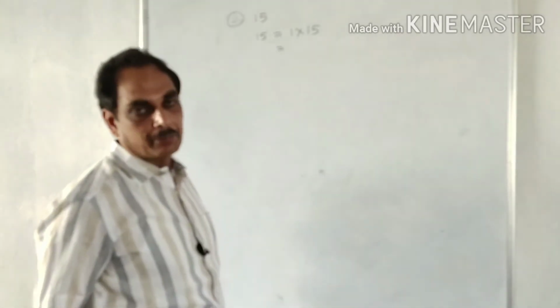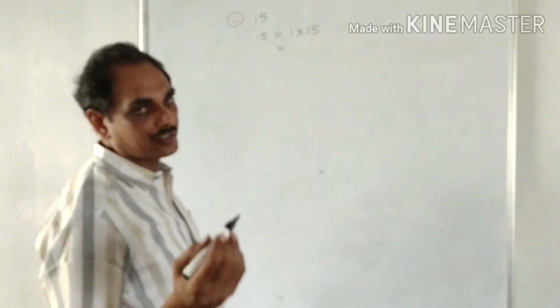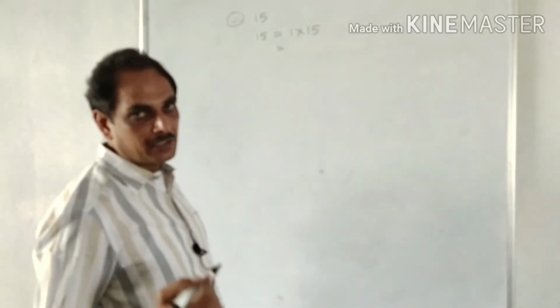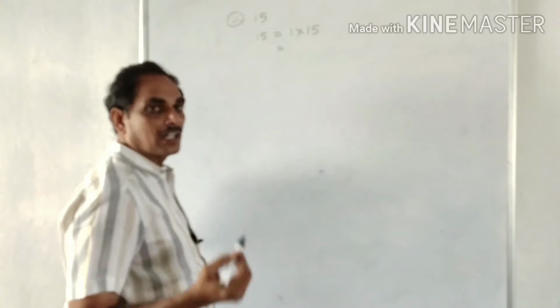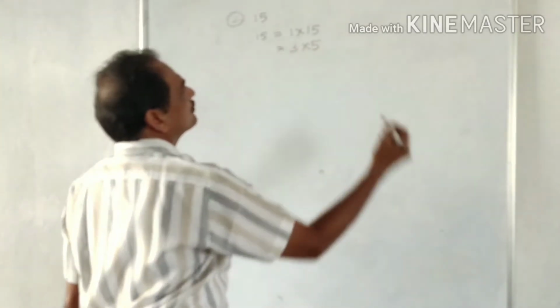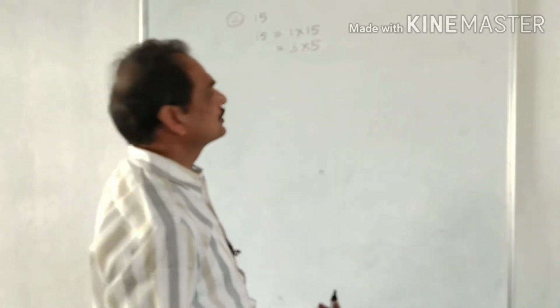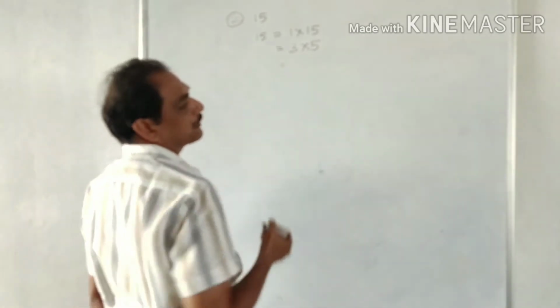In the second table we cannot get 15, which means 15 is not divisible by 2. In the third table, 3 fives are 15. And in the fourth table, we can't get 15.